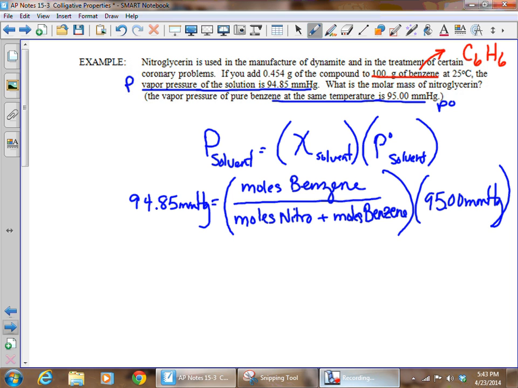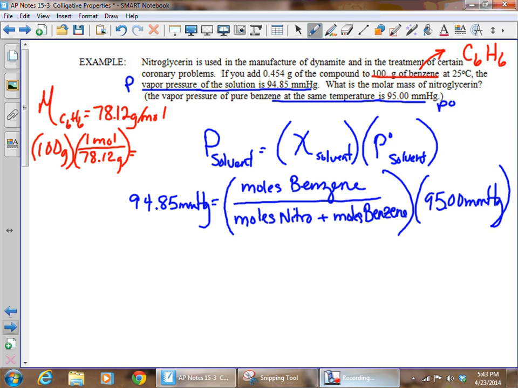But C6H6, the molar mass of C6H6 is 78.12 grams per mole. And if we've got 100 grams of this, we're going to have 1.28 moles.